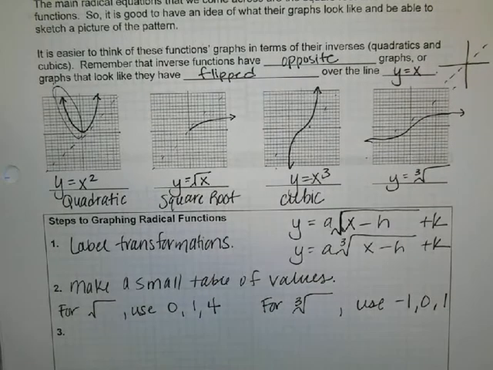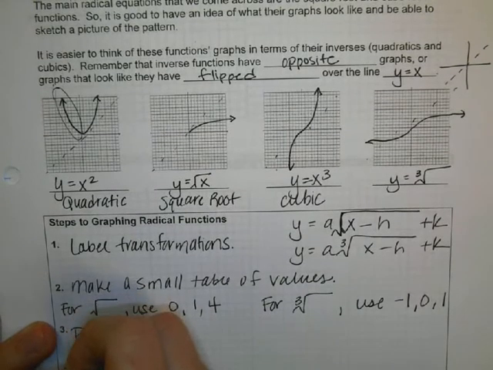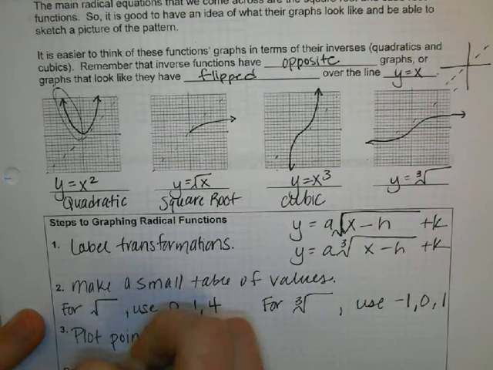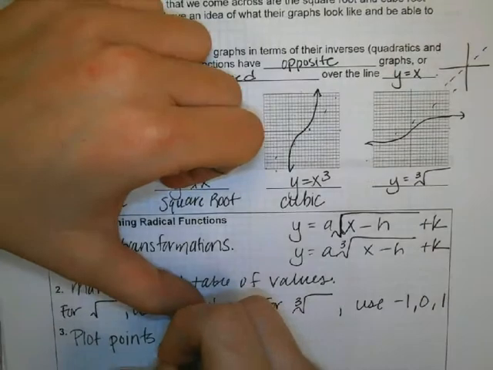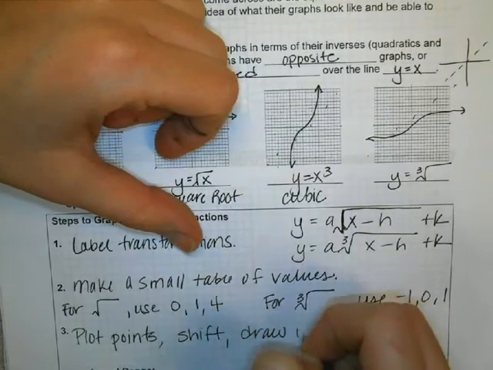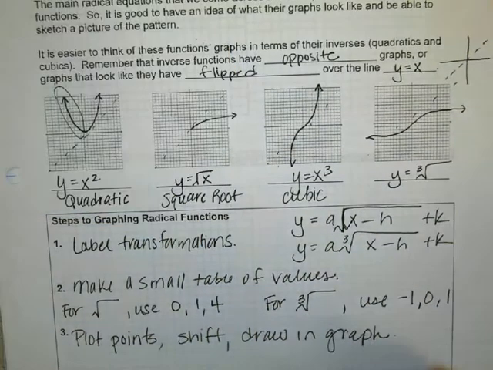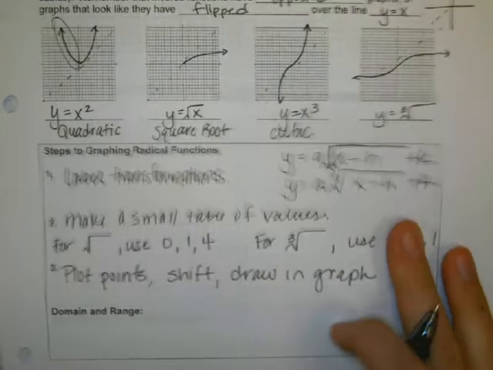So those are the numbers we usually use. Okay. Plot points. Shift. Draw in the graph. Domain and range.